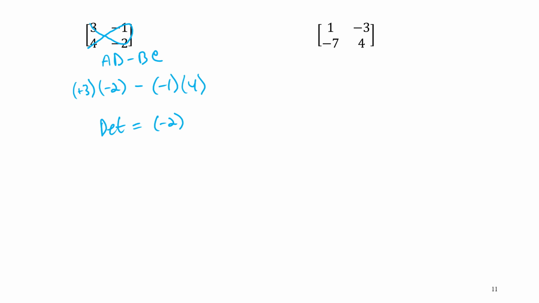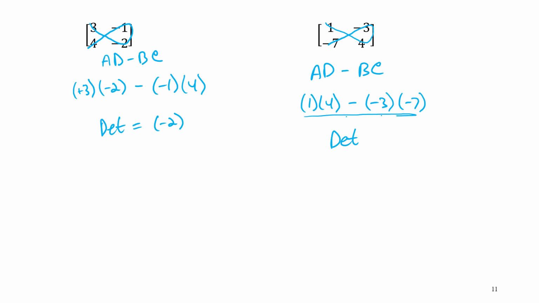For this other one, using the fish, we're going to go 1 times 4 minus -3 times 7. And that determinant value, if you plug this into your calculator, would give you -17.